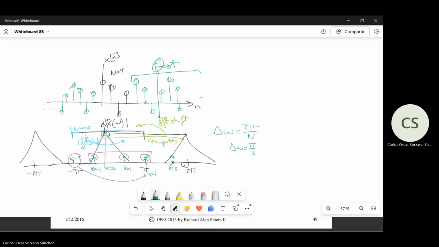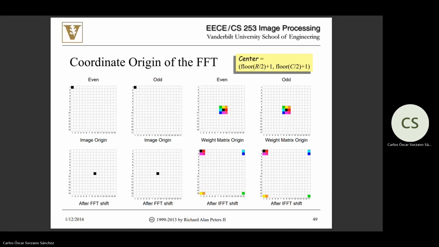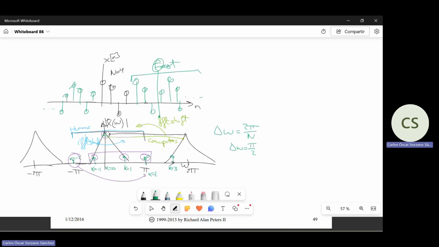Then this is the way computers like to think of the 2D Fourier transform. So the origin is there. So the 0, 0 frequency is in the corner, the same way as it was for 1D signals. So for 1D signals, k equals 0 is in the origin.